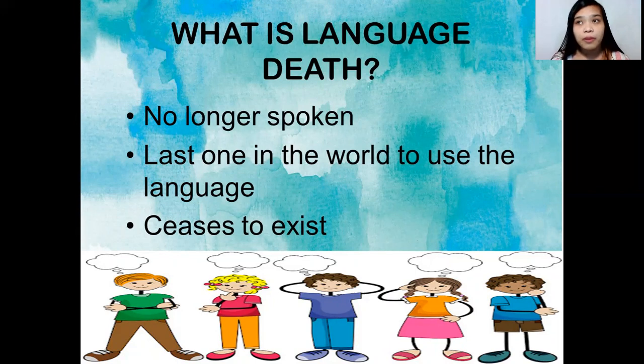Most people there speak Chavacano, but if they won't pass it down from generation to generation, the Chavacano language might cease to exist or might become extinct.